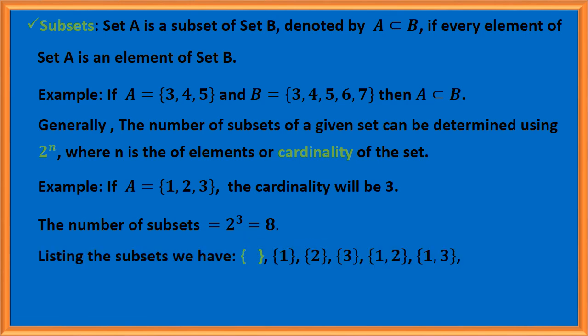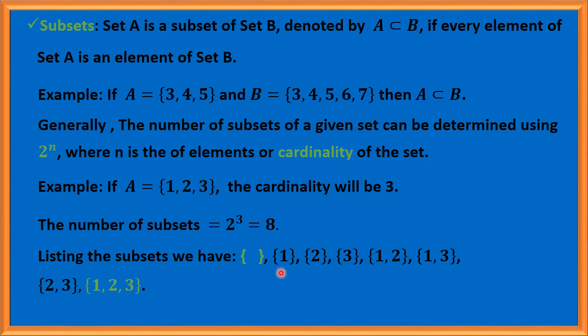We can now list the subsets, starting with the null set: the null set, {1}, {2}, {3}, {1, 2}, {1, 3}, then we also have {2, 3}, and {1, 2, 3}, the set itself.